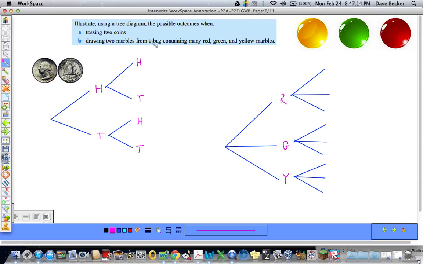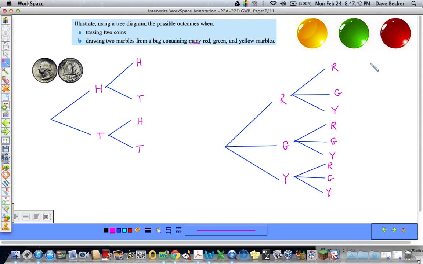Okay, so this represents all the different possibilities. Since there are many red, we can safely assume there's more than one. So we have red, green, or yellow. After I choose a red, after I choose a green, after I choose a yellow, I could choose red, green, or yellow again. And you can see all the possibilities.